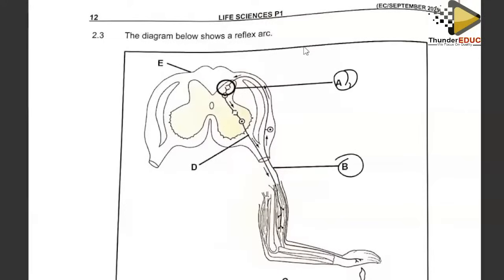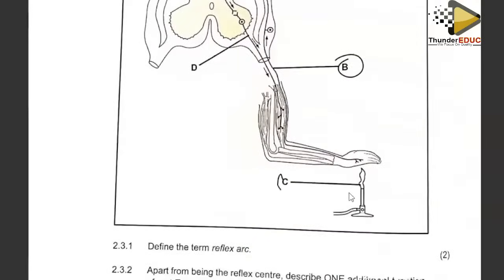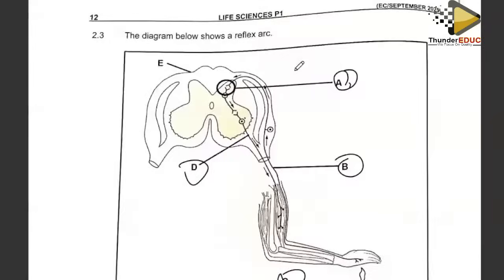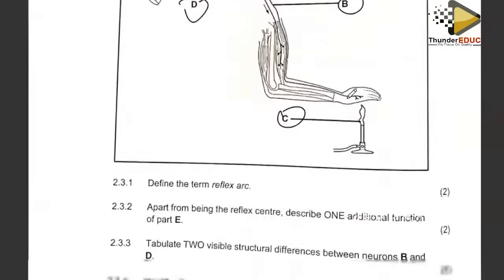So it looks to be the sensory neuron, and then C looks to be the stimulus. Then D looks to be the motor neuron. Yes, looks to be the motor neuron. Even you can see here. And then E looks to be the spinal cord.